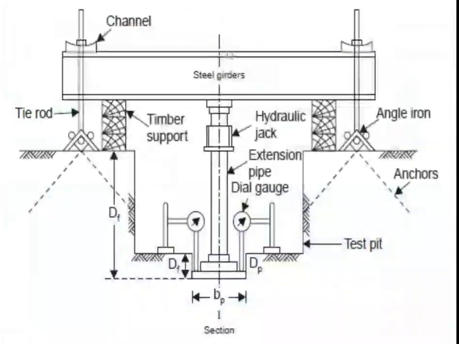In gravity loading, the platform is constructed over the column placed on the test plate, and the test load is applied by placing sandbags, concrete, iron rods and different types of material. A hydraulic jack is placed between the loading platform and the column top for applying the load to the test plate. This form of loading is termed reaction loading.